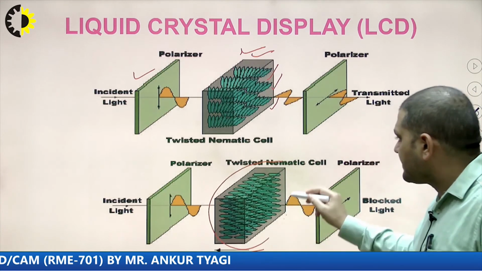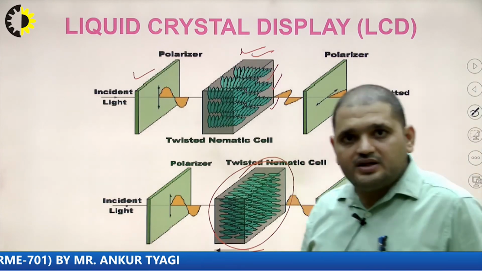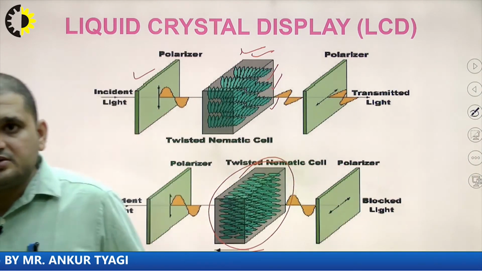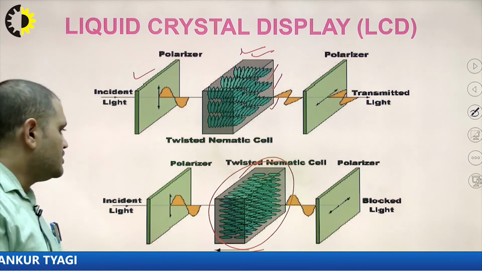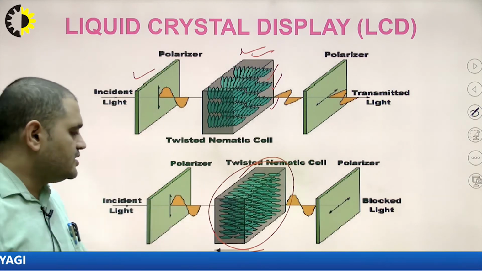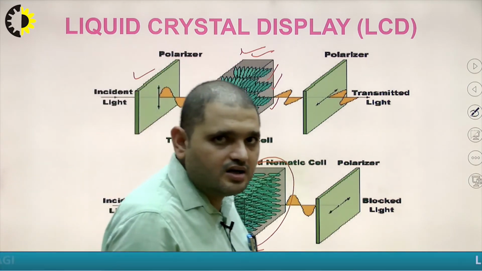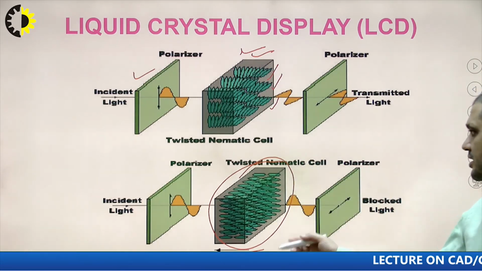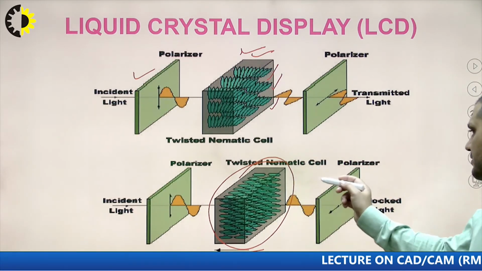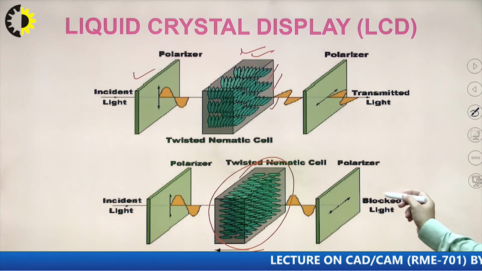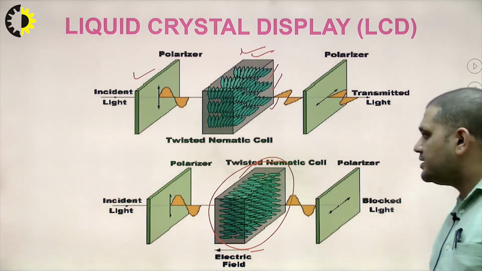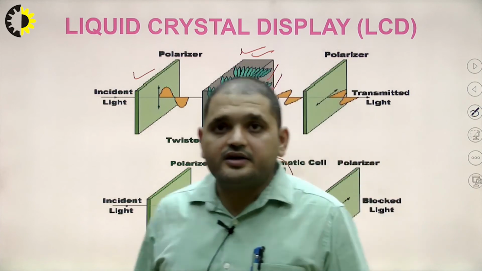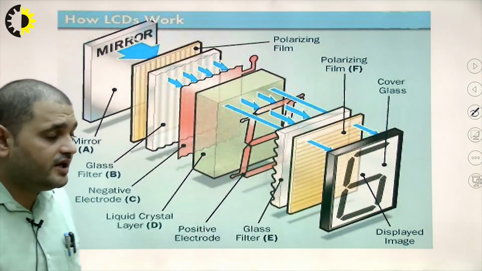So this alignment actually generates an image. When light is incident on these twisted nematic cells, they get aligned and twist the light, and if we polarize it again, then we get image generation light. So you can see here a mirror is present.